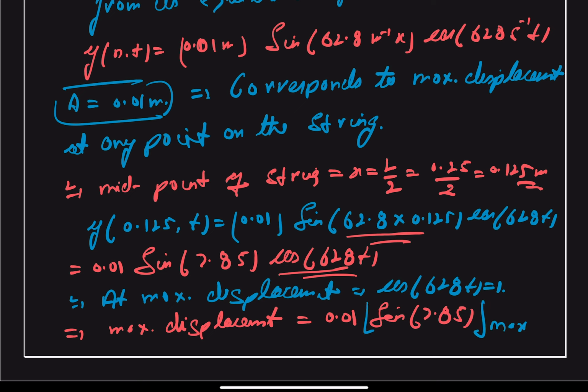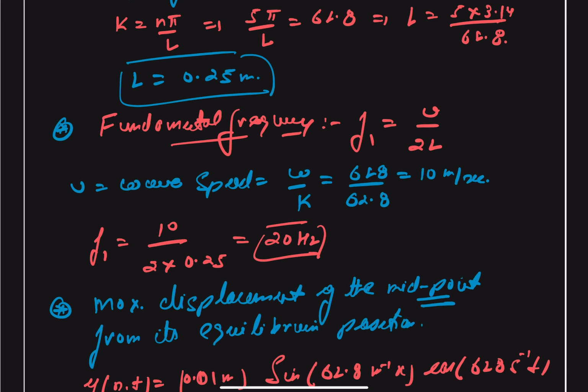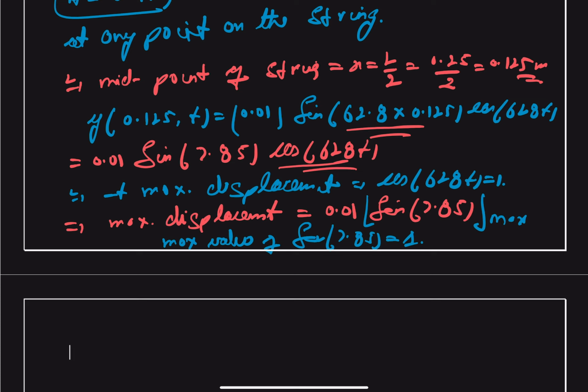And maximum value of sine is 1. Therefore, we can say that the maximum value of sine of 7.85 is equal to 1.